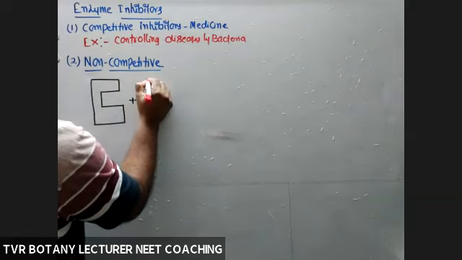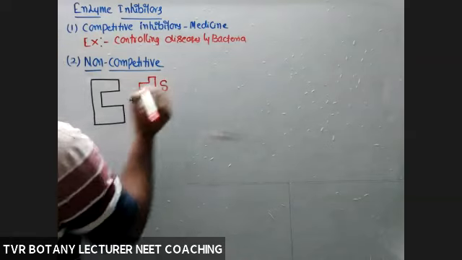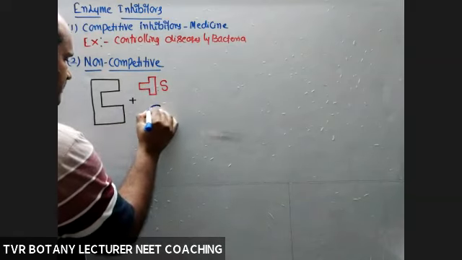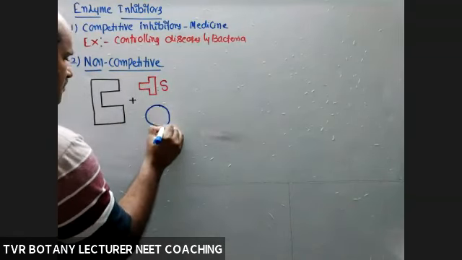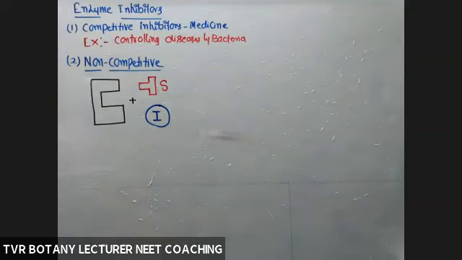This is the morphology of a specific substrate, the real substrate. And what about the inhibitor? This is the inhibitor compound. Morphologically, these two are different.